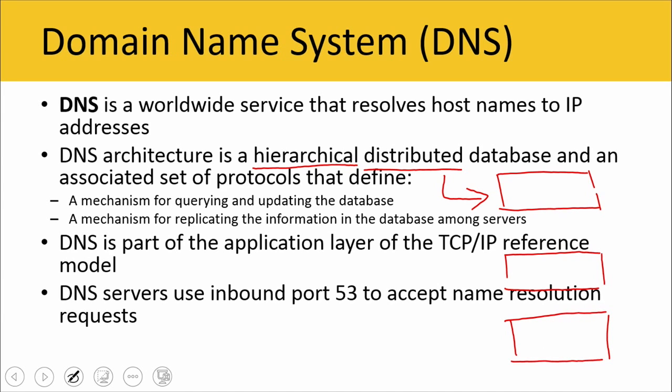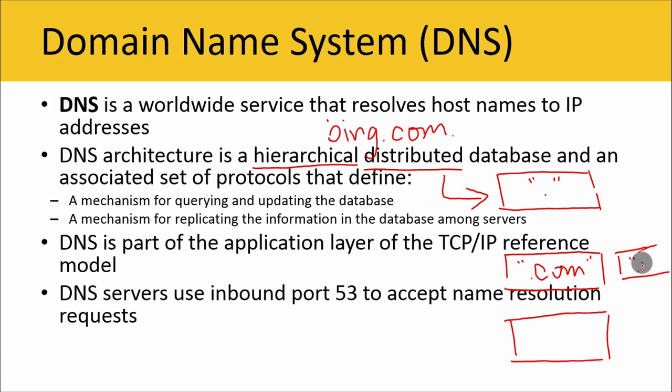But when you type in an address like bing.com, there's actually an invisible period on the end of com, and that points you to the root server, right? And then below the root server, we have a .com server. And next to the .com server could be like a .net server. And all of these servers know the location of maybe the DNS server that's used for Bing. Right? So pretty cool stuff. We'll detail that here in just a second.